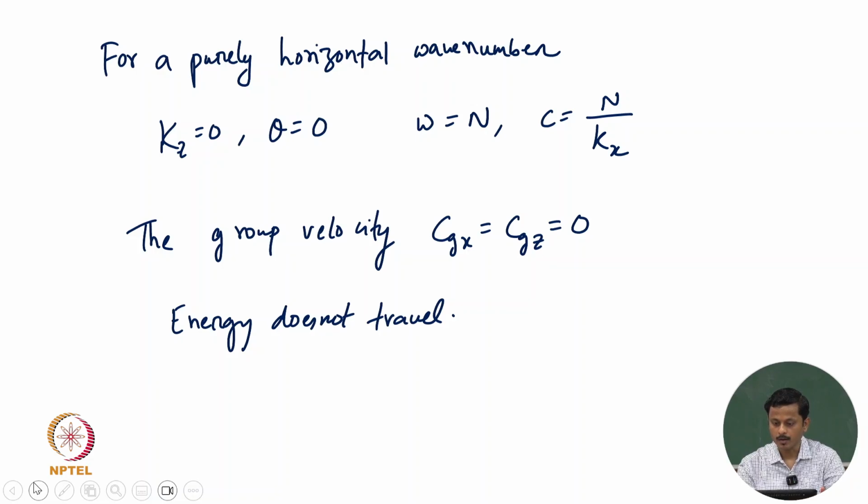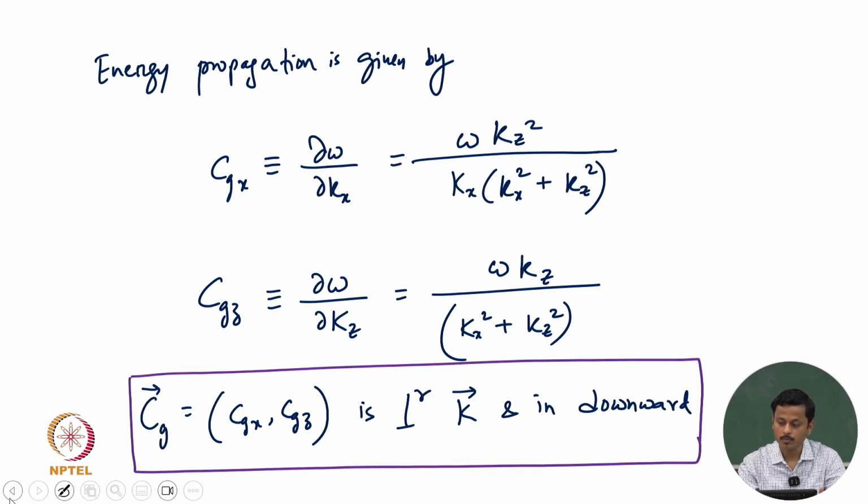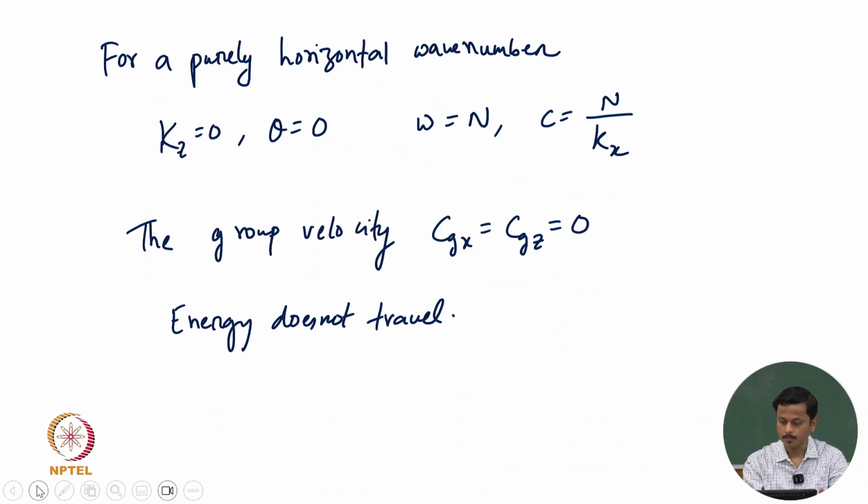We have omega equal to N cos theta. The theta being 0 is just omega is equal to N, and c is N by kx squared, and the group velocity cgx, cgz is equal to 0 from this expression, because we put kz equal to 0 in both of these two terms, and this is equal to 0, and energy does not travel.